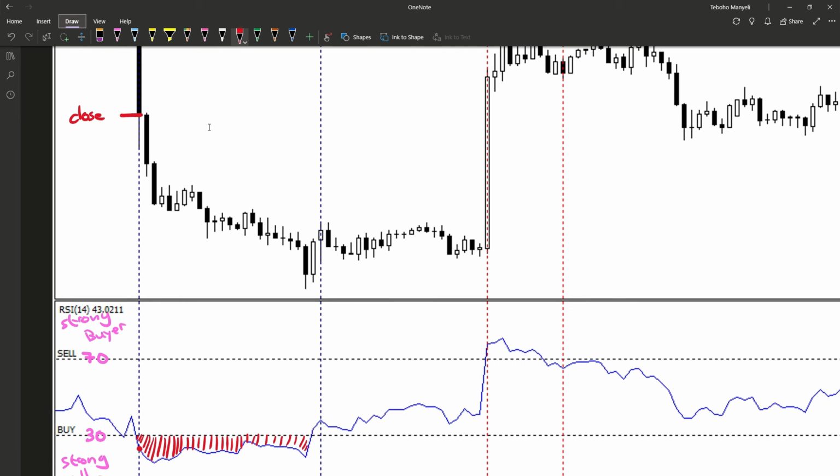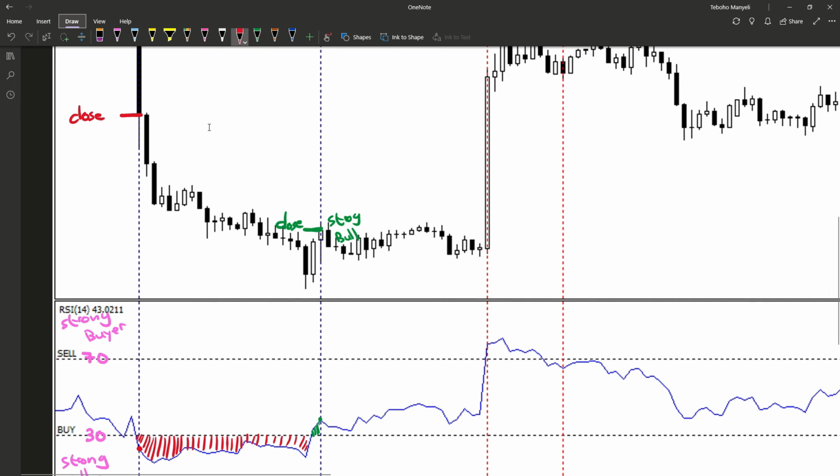And then for the first time the RSI closed above the 30 area, indicating that now we have a strong buyer, a strong challenger. So this candle here, when it closed, it gave us our first strong bull.